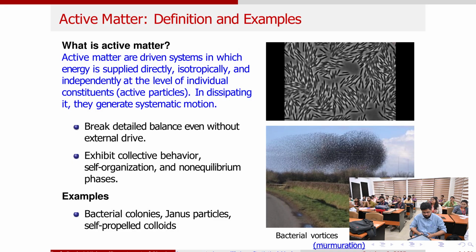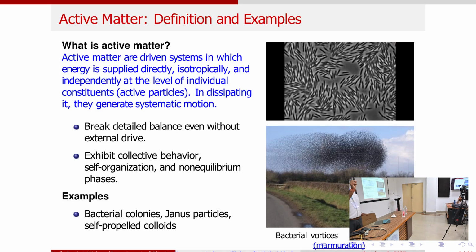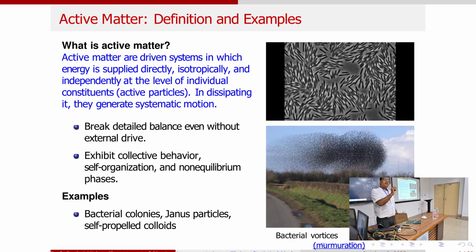That is solely a property of equilibrium processes. At equilibrium, detailed balance is maintained. As soon as non-equilibrium comes into the picture, detailed balance is completely broken.